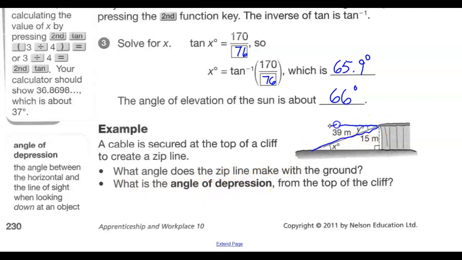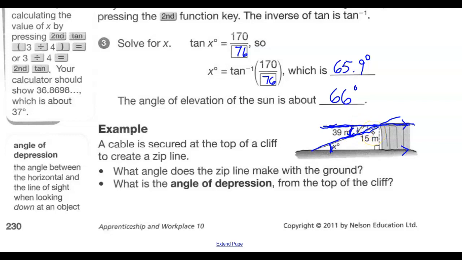When you're going from the horizontal downwards, that's angle of depression. Now, you've learned your angle rules. If you have two parallel lines with a transversal, then this Y is the same as this X. So if we can find X, then we'll find the angle of depression.